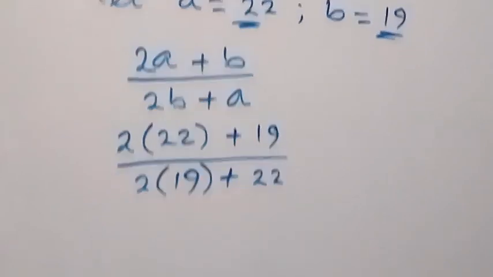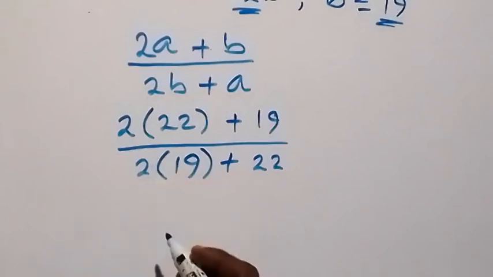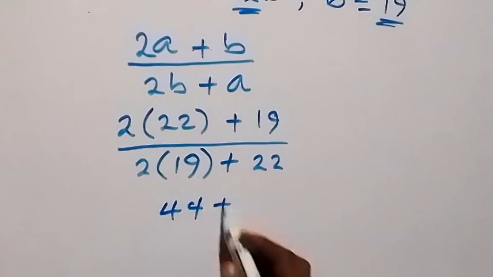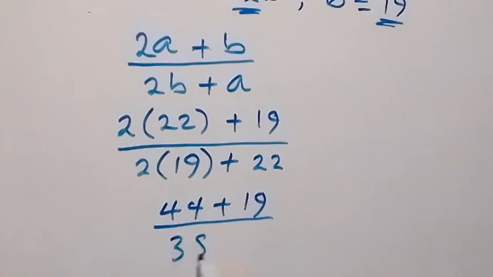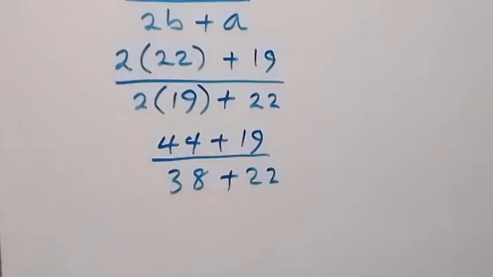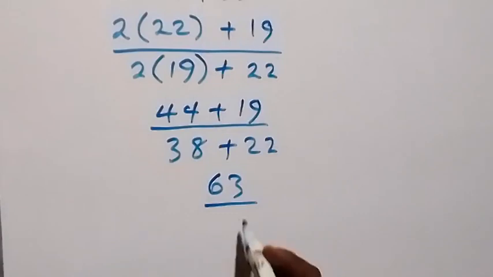Then 2 times 22, that's 44. So we have 44 plus 19, over 2 times 19, we have 38, then plus 22. Then this gives us 44 plus 19, we have 63, over 38 plus 22, we have 60.